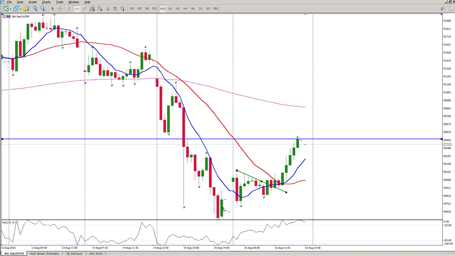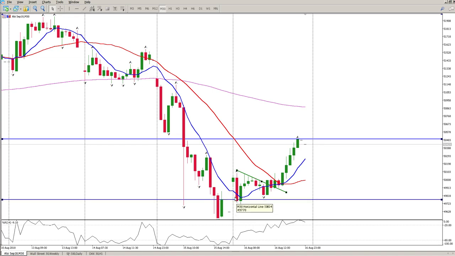Let's put a line in there. So you could have taken a long at that point on the retest of that area, and technically you should still be long at the moment. But if you're trading like I'm trading, you're not holding overnight. So the case is get in long, wait, get the break, and get out at the close.